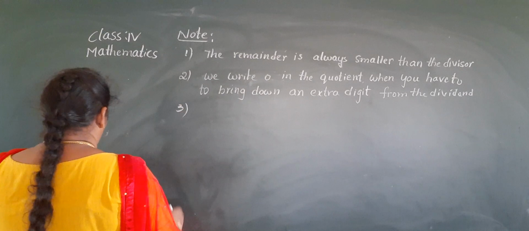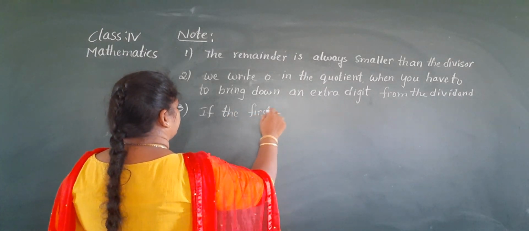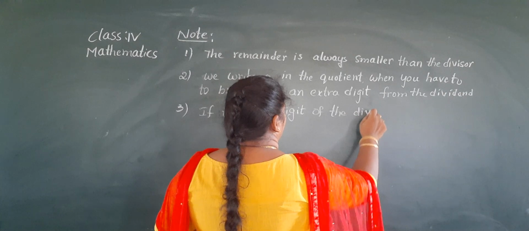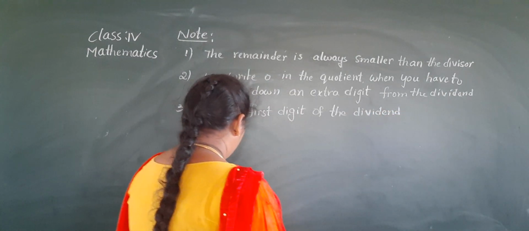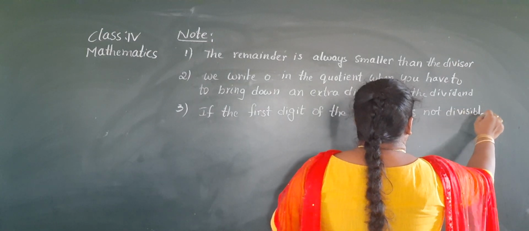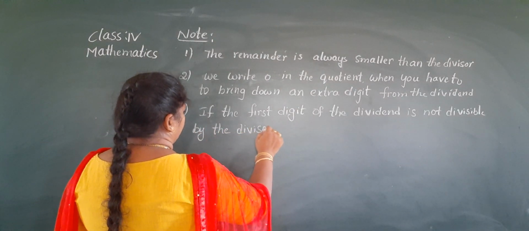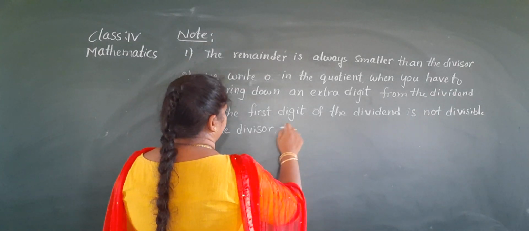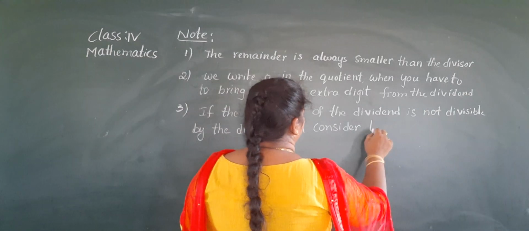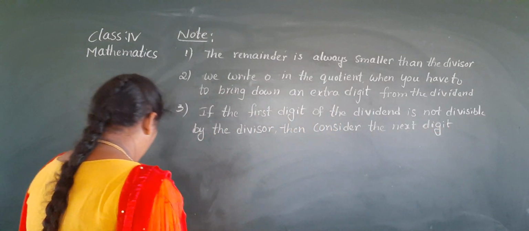And third one, the first digit of the dividend, if the first digit of the dividend is not divisible by the divisor, then consider the next digit also for division.